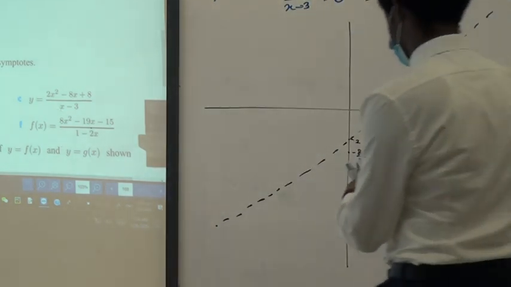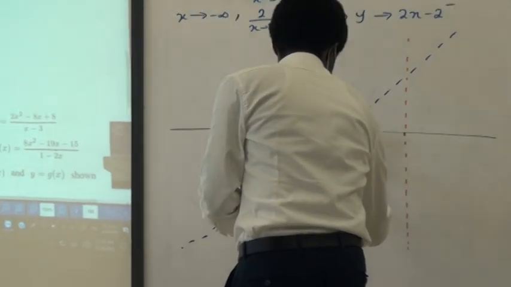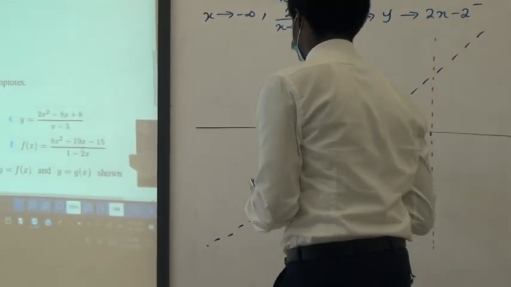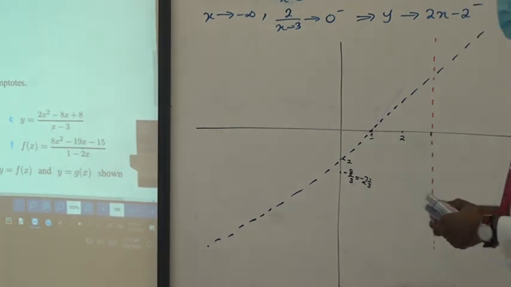So this is 1. It passes through 1, and it passes through negative 2. That's what we know.